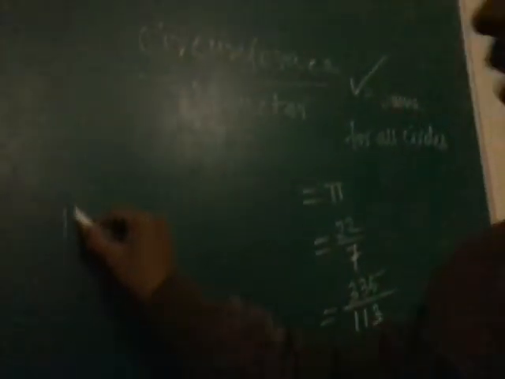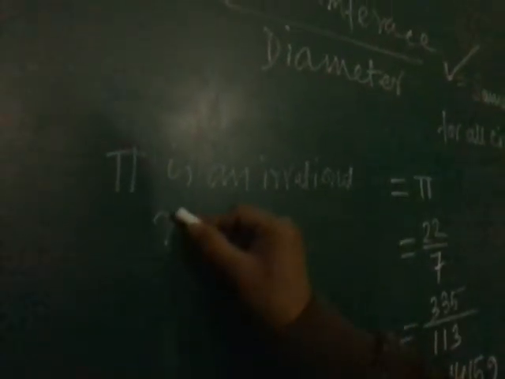Now the question is, pi is an irrational number. Why?